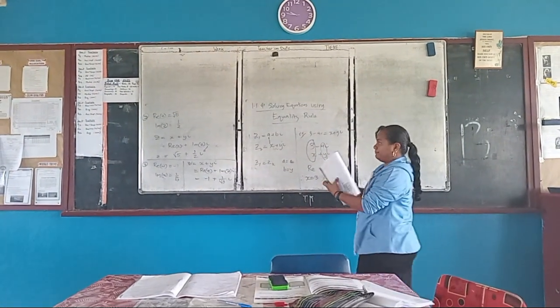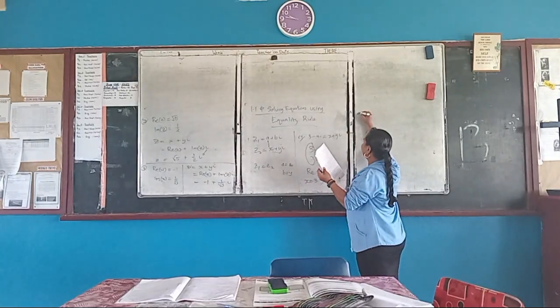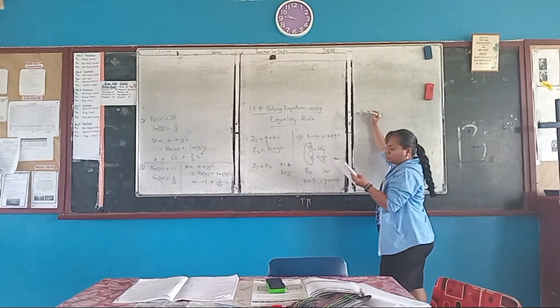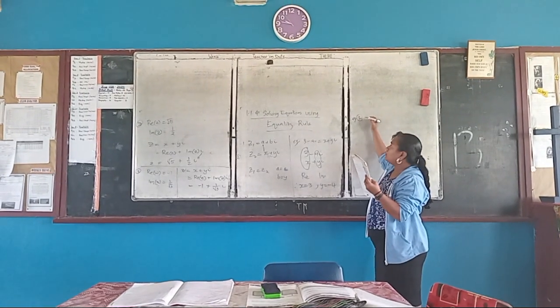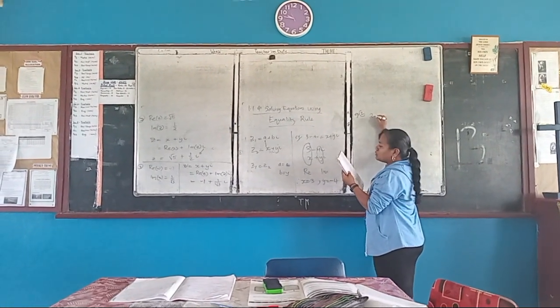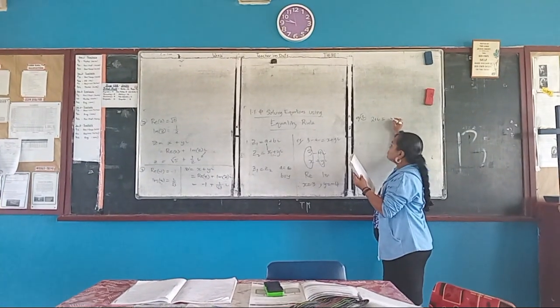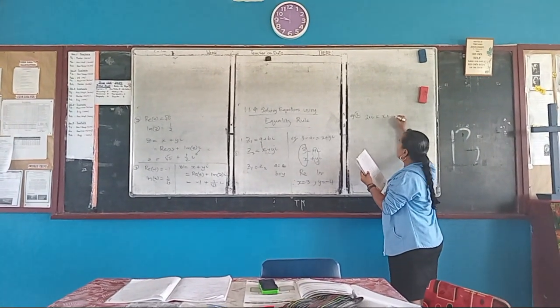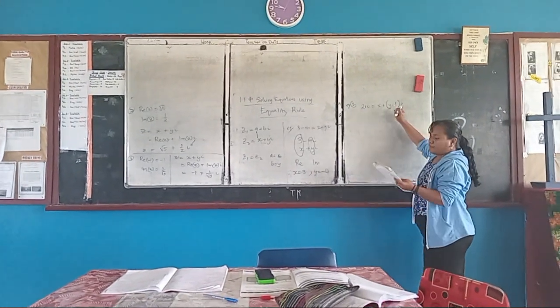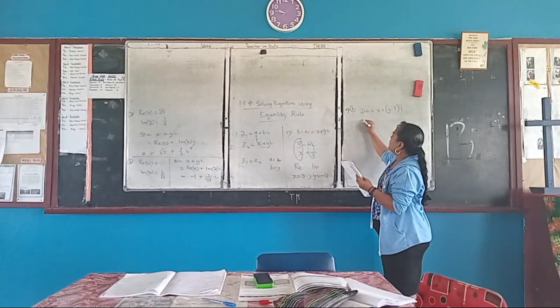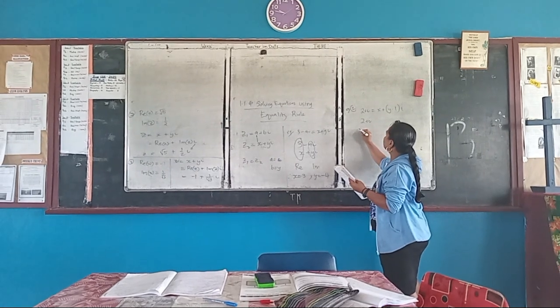Example 2. Find the values of x and y if 2 plus i is equal to x plus y1 i. You have to align them together.